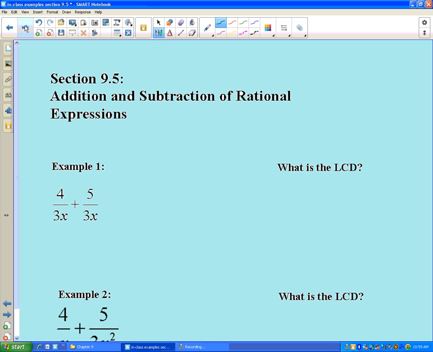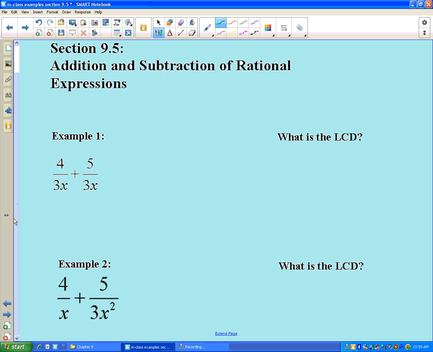Example 1, addition and subtraction of rational expressions. 4 over 3x plus 5 over 3x. What's my least common denominator? 3x and 3x. That is my common denominator. So I'm going to write this with one common denominator of 3x.